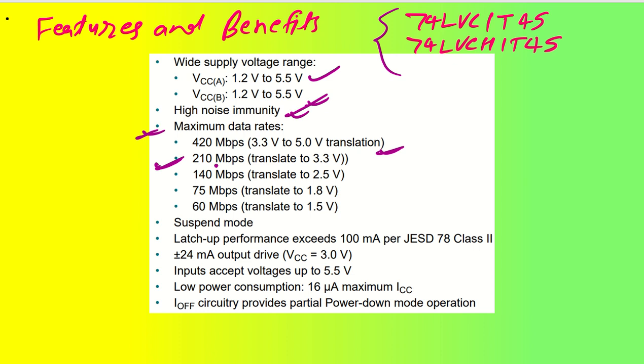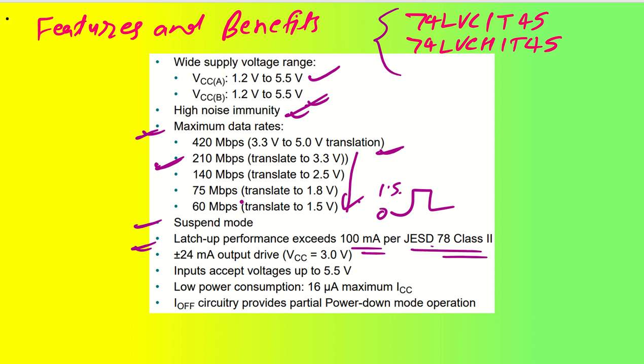If it has to translate to a lower voltage level, you can see the speed decreases a little bit. This happens because of the low-level logic like 0 to 1.5, so the data rate decreases a little, according to this particular IC. Coming back, it has a suspend mode, and latch-up performance exceeds 100 milliamperes per JESD 78 Class 2.